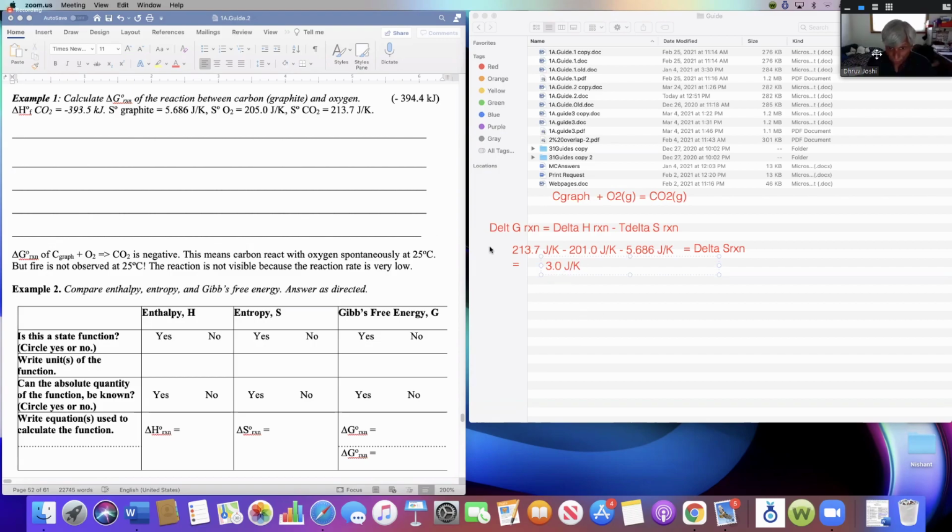Now we take the equation for delta G. Don't you have to convert that into kilojoules now? Yeah, you're right. So then it'd be 0.0037 kilojoules.